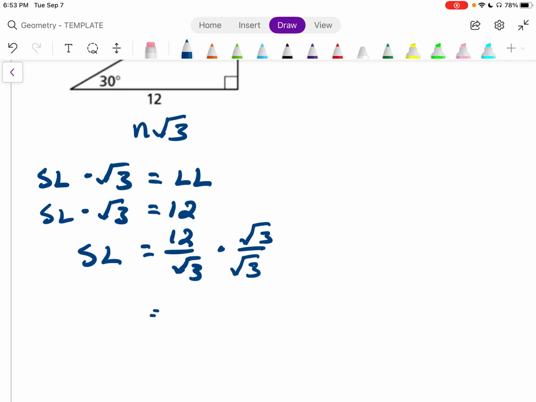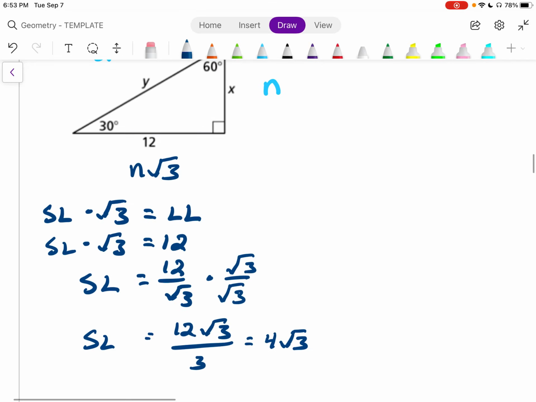On the top, that turns this into 12 root 3. On the bottom, my root 3's combine. The roots go away to just be a plain old 3. Now the 12 and the 3 can cancel to be a 4. So I get 4 root 3. So that is my short leg. So that's x equals 4 root 3.